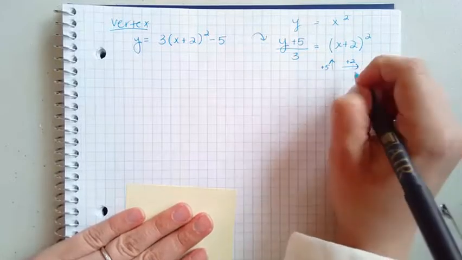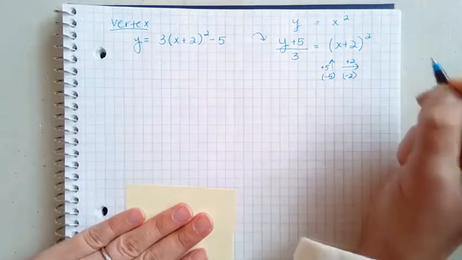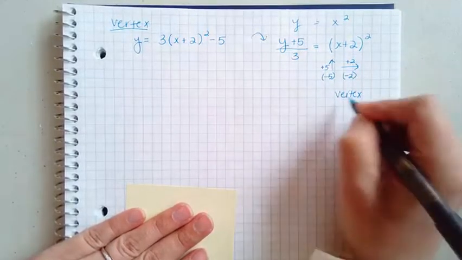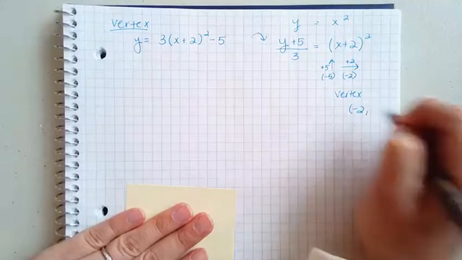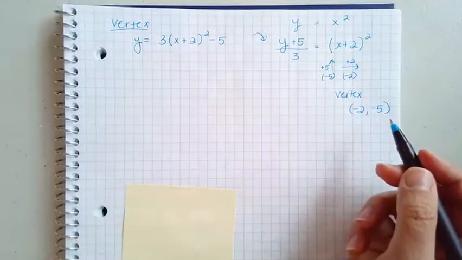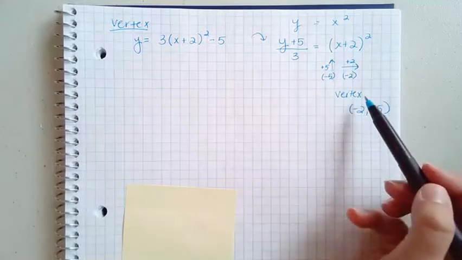So that means we would subtract 2 and we would subtract 5. And so if we write that as a vertex, that means that we would have a vertex of -2, -5. Okay, so that's just a little bit of side information. We'll get to some of that. Don't freak out if this is a bit confusing.